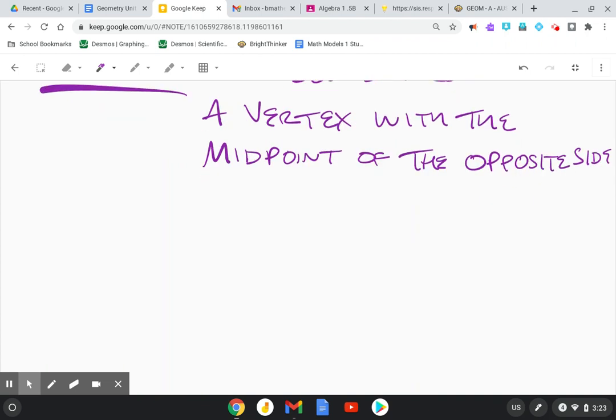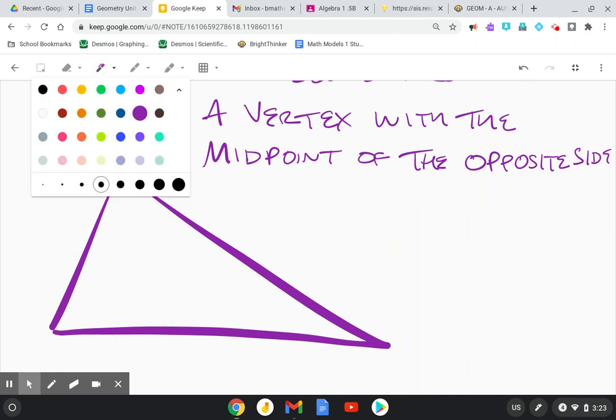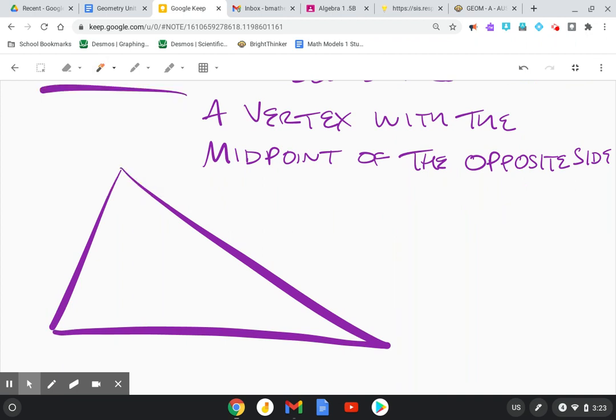So if I have a triangle like this, then the median would look like this. If it was from this point, I would find the midpoint of this other side. Maybe the midpoint is right there, and I would connect those. And that would be what we call the median.